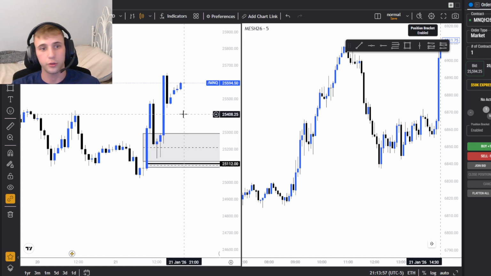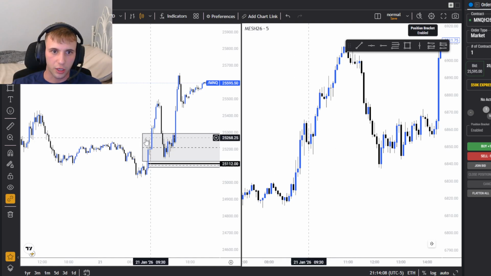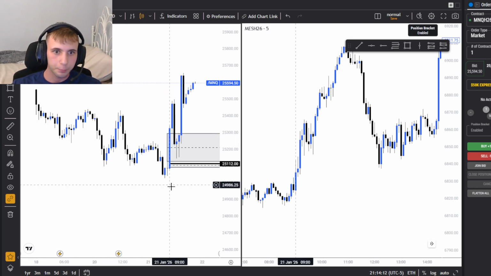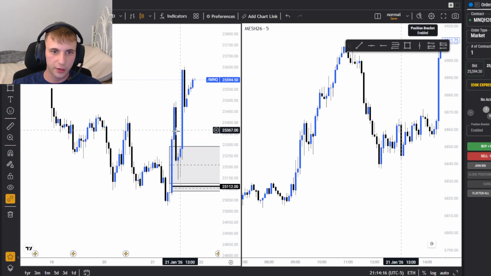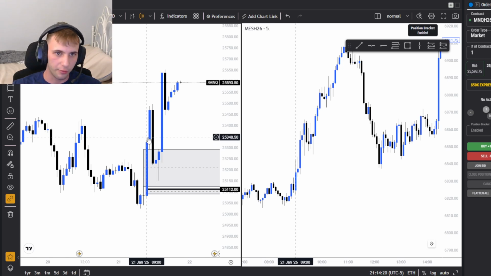Let's say you're a trader that looks at the 1 hour time frame. Same thing applies. Even though, sure, we may have traded a lot within this area on the lower time frames, if you are somebody that looks at the higher time frame, you're waiting for an entry or whatever it may be on the 1 hour time frame.